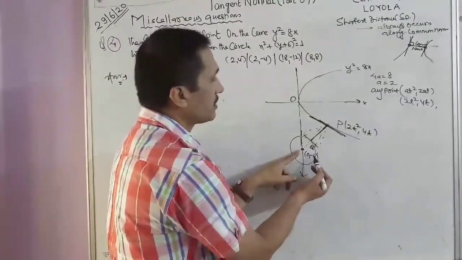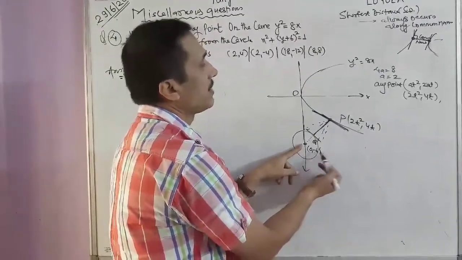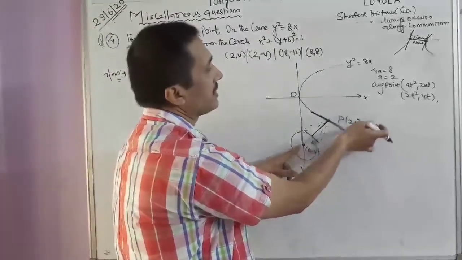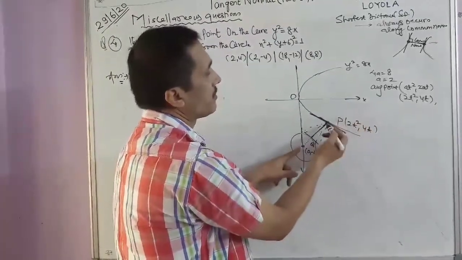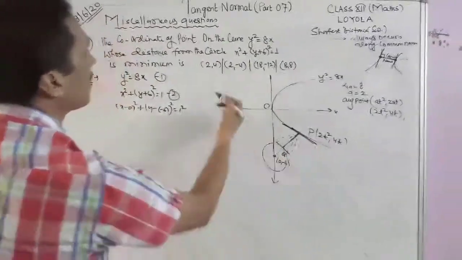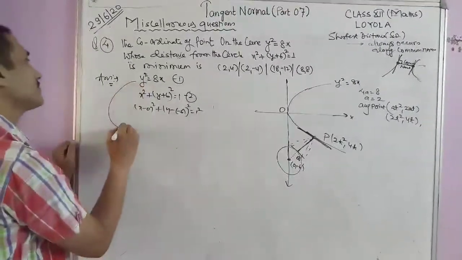Putting the coordinates (0, minus 6) in the equation of the normal, we get the value of t, and for the values of t we get all possible coordinates of the required points.